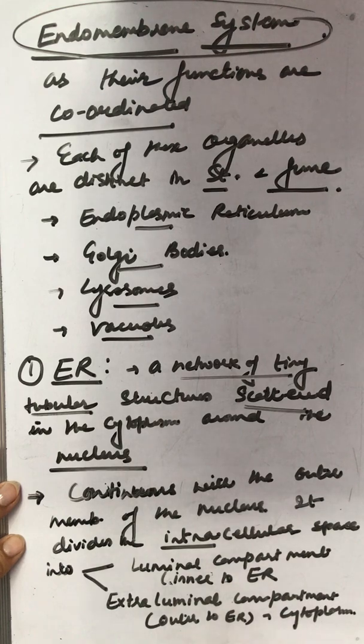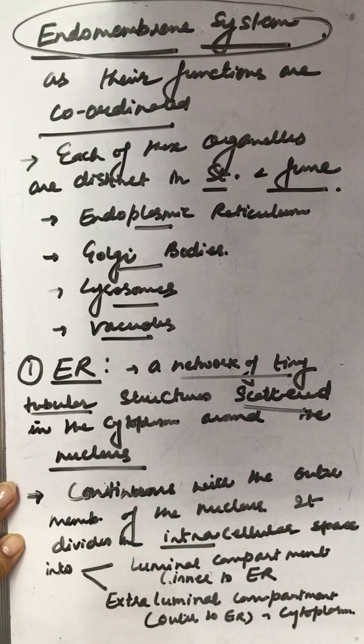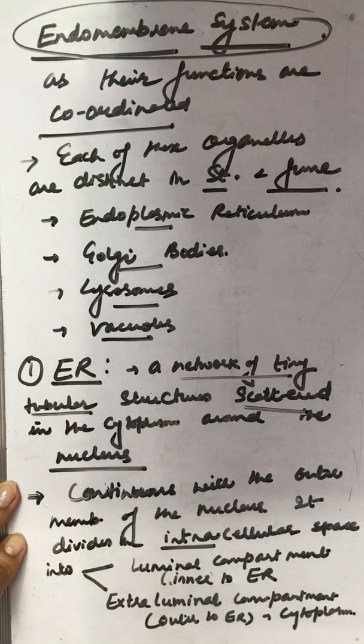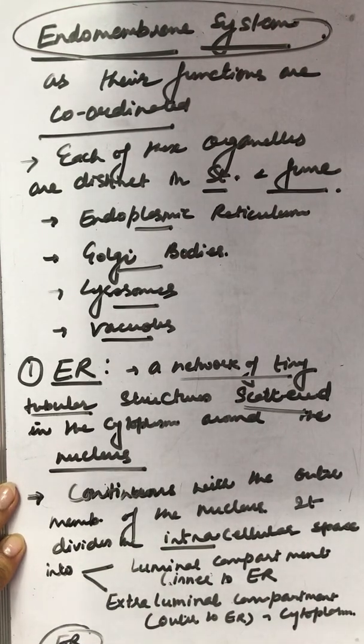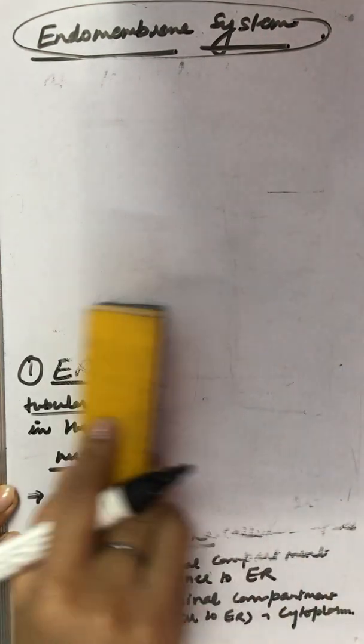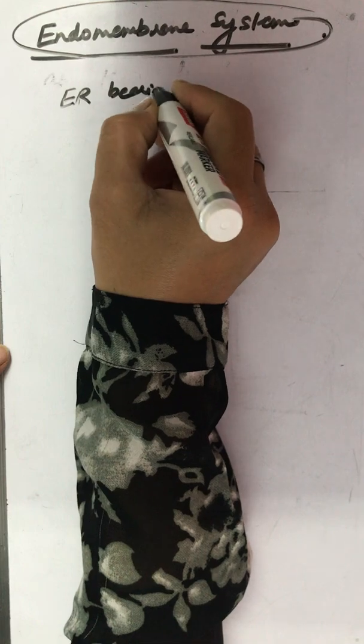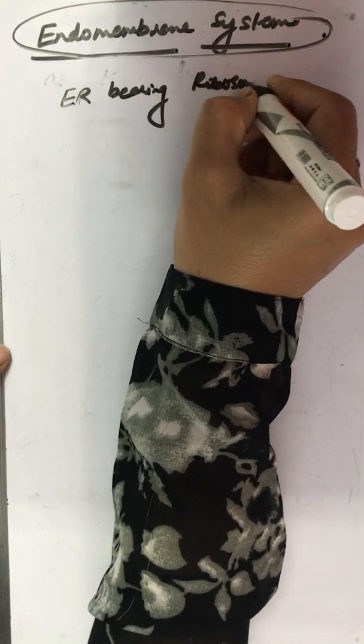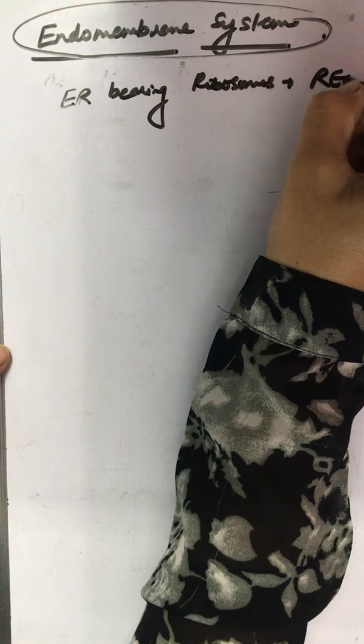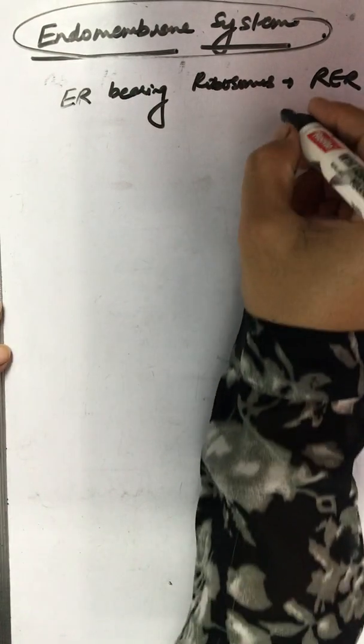This, when bear ribosomes on its surface, we call it rough endoplasmic reticulum and becomes the site of protein synthesis. ER bearing ribosomes is known as rough endoplasmic reticulum, right? And responsible for the synthesis of protein.